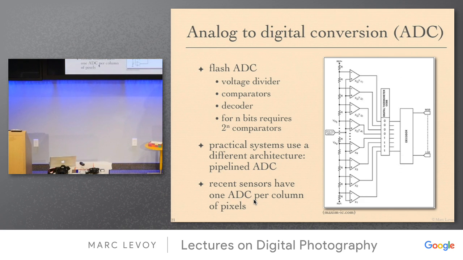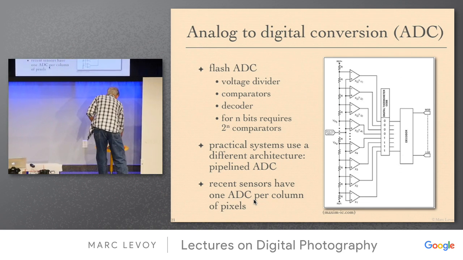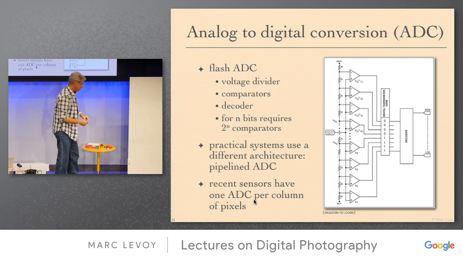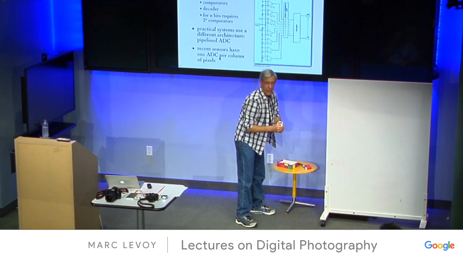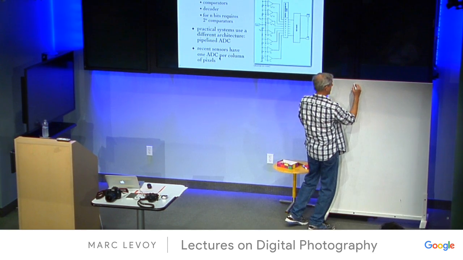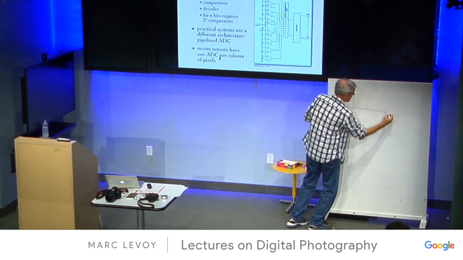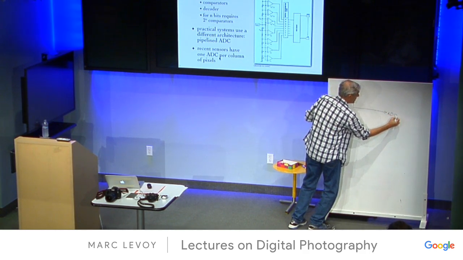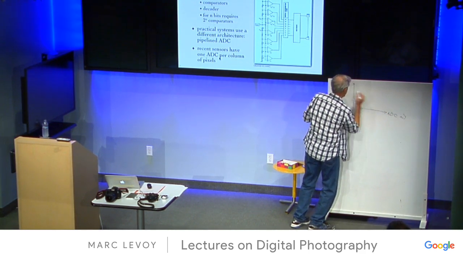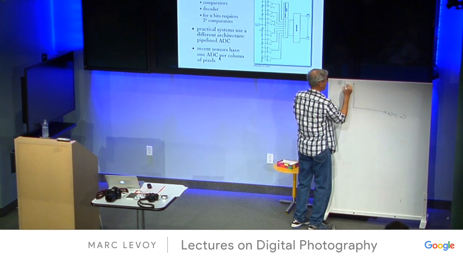One thing to keep in mind is what you're going to do with that number later. You may remember that I talked about this nonlinear mapping between ADC output and, let's say, 8-bit JPEG.